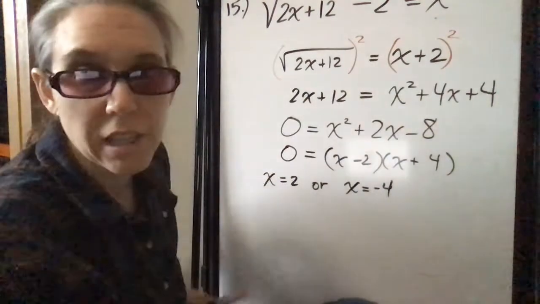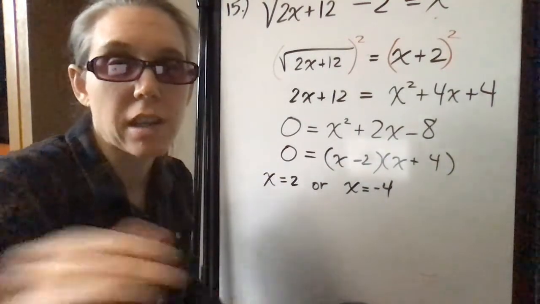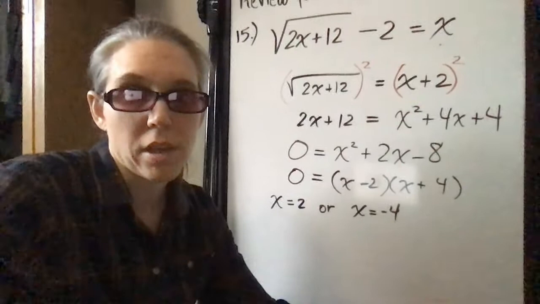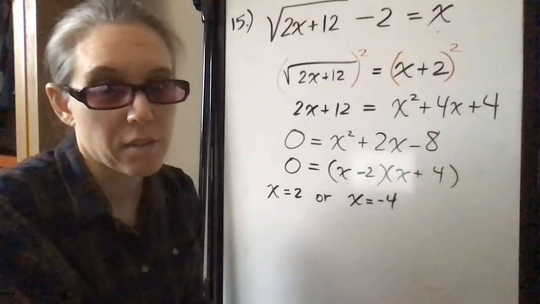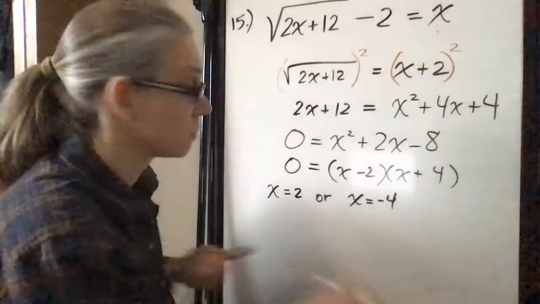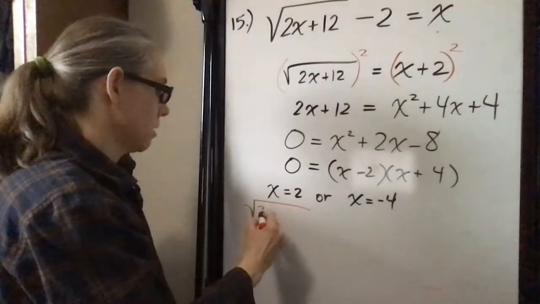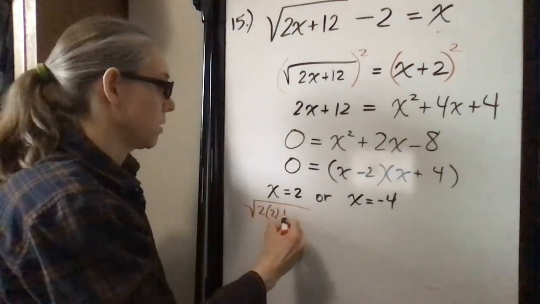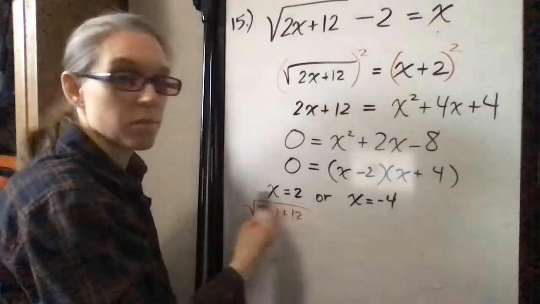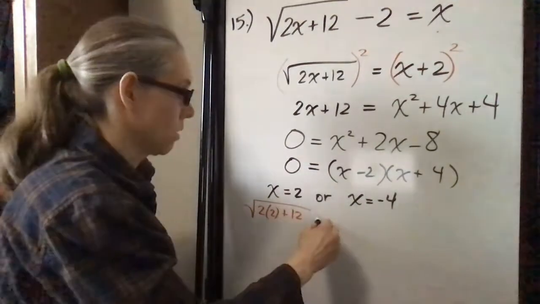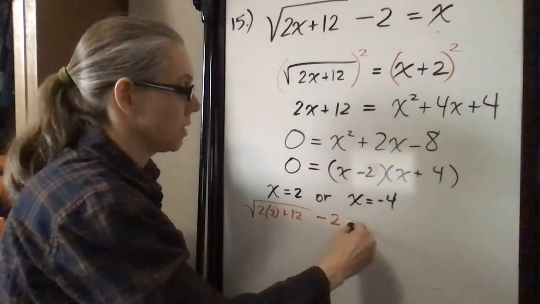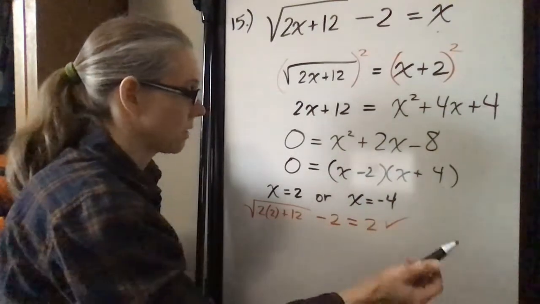Once you get here, you need to plug your answers back into the original equation and see if they work. So testing the first one, the square root of 2 times 2 plus 12 is the square root of 16, which is 4. 4 minus 2 is 2, so that one checks out.